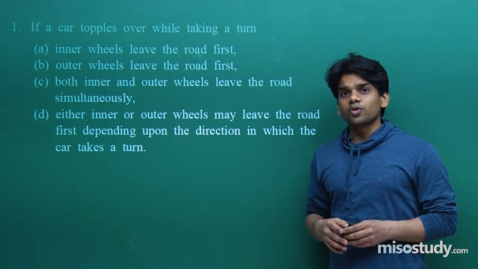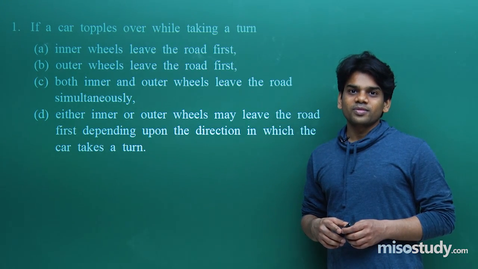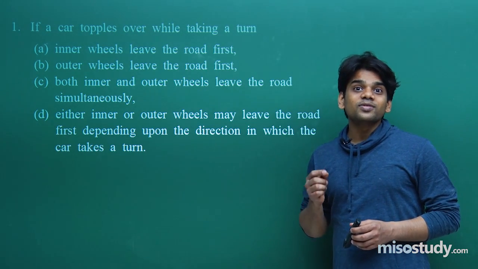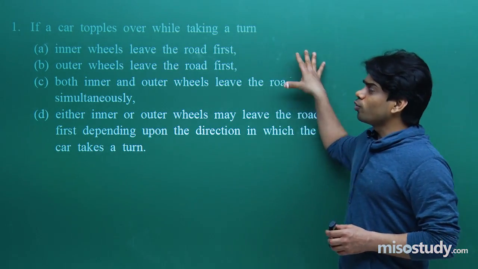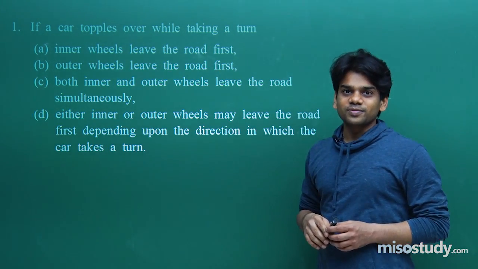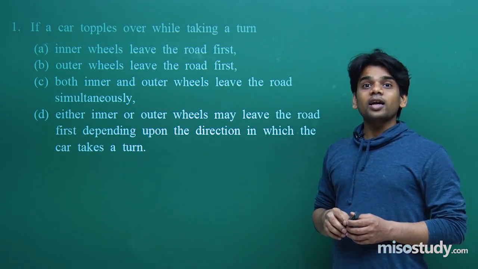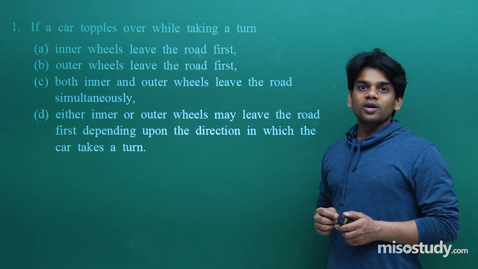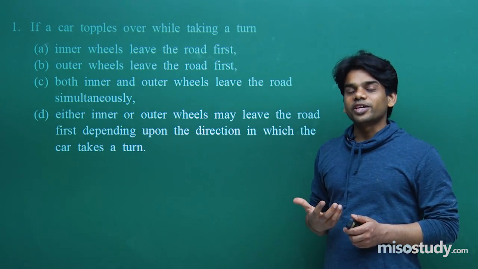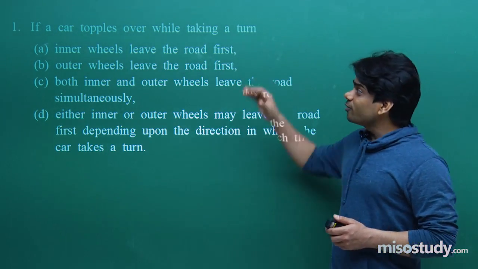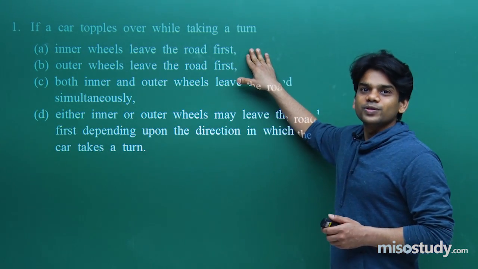Now let me tell you, in this case, have you ever imagined, if you're traveling in a car and on a horizontal road you are taking a turn, which wheels will actually first topple, which will actually leave the road first? You have to understand this. Now your car, due to centrifugal force, a force that acts on the car in the direction opposite to the centripetal force, your inner wheel will leave the road first.